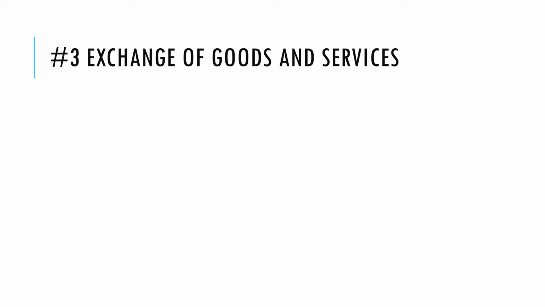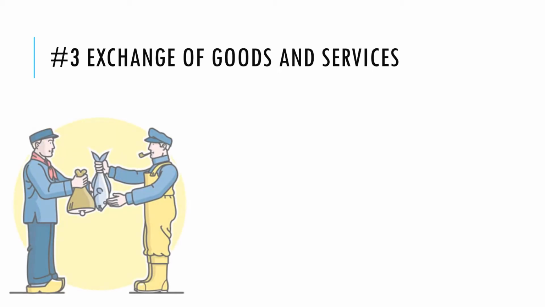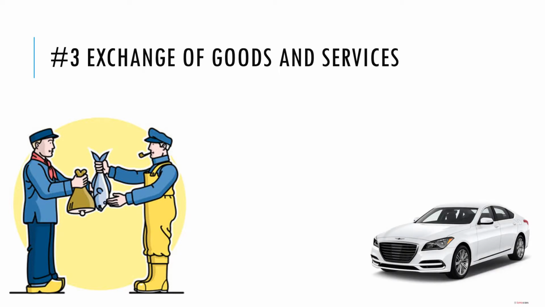Okay, let's go on to number 3, the exchange of goods and services. Financial markets help us with this. Way back in the day, we might have had a barter system if there wasn't any money, where people just swapped goods that they wanted. But we know that's not a particularly efficient way of doing things. So these days, if we want to buy nice, luxurious cars, we use money.